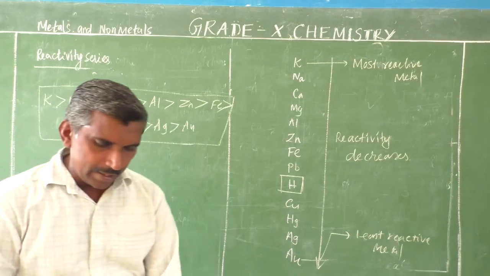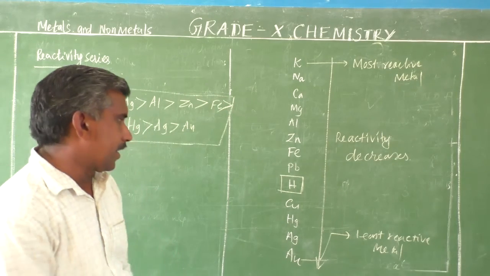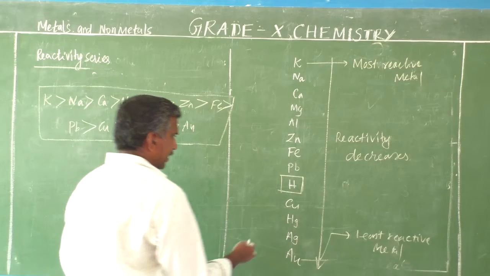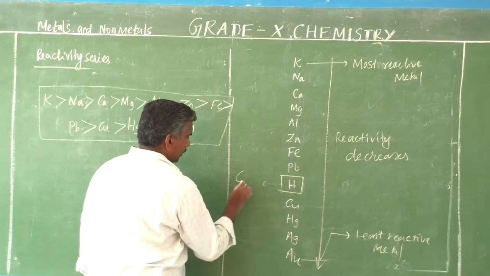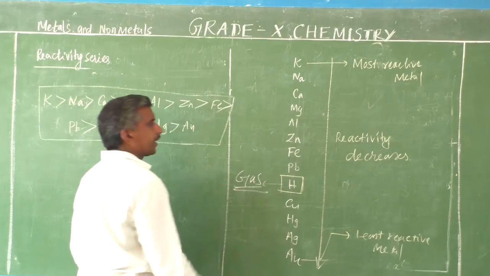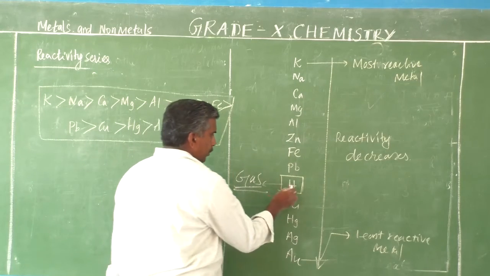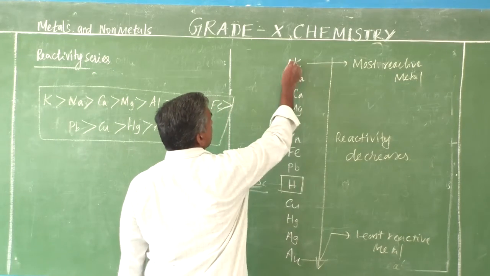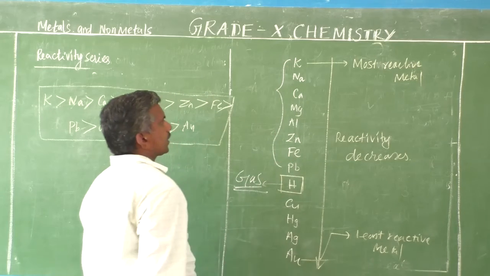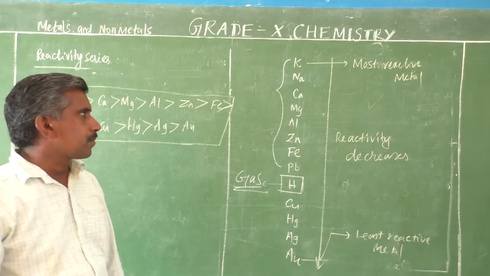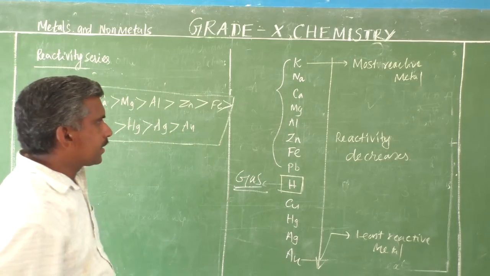Why is hydrogen used here? Hydrogen is a gas, but we are using it. I'll tell you later. What is above the hydrogen? Potassium, sodium, calcium, magnesium, aluminum, zinc, iron: reactive metals.